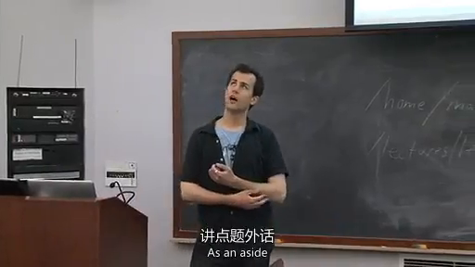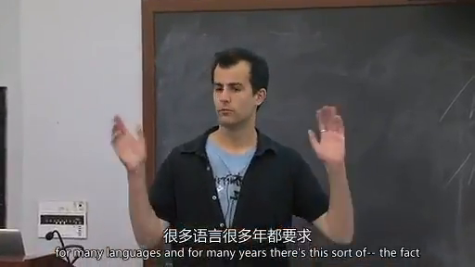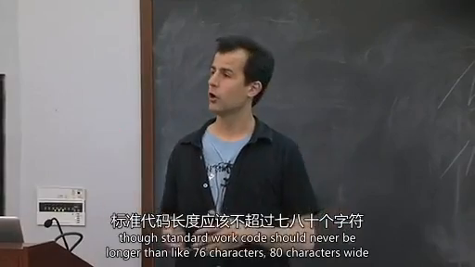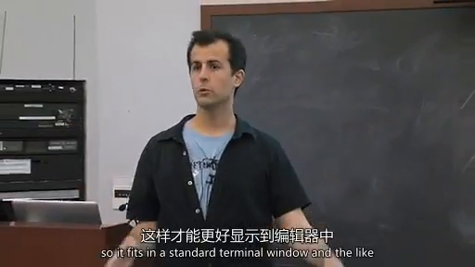As an aside, for many languages and for many years, there's been this de facto standard where code should never be longer than 76 or 80 characters wide, so it fits in a standard terminal window and the like.